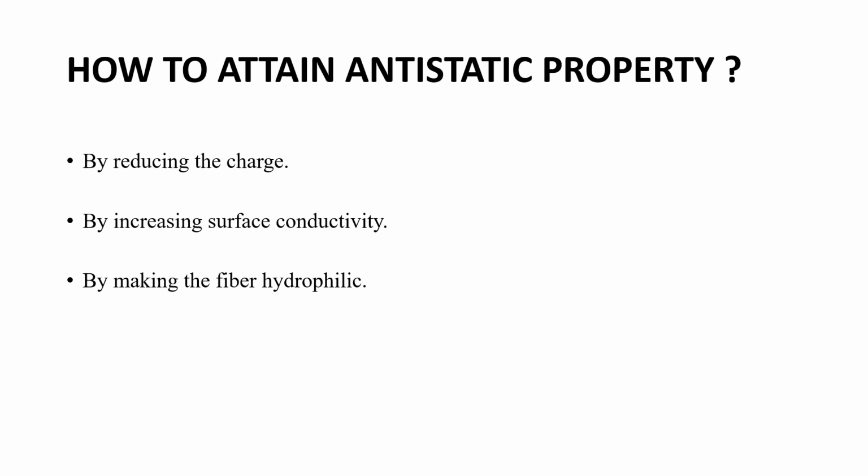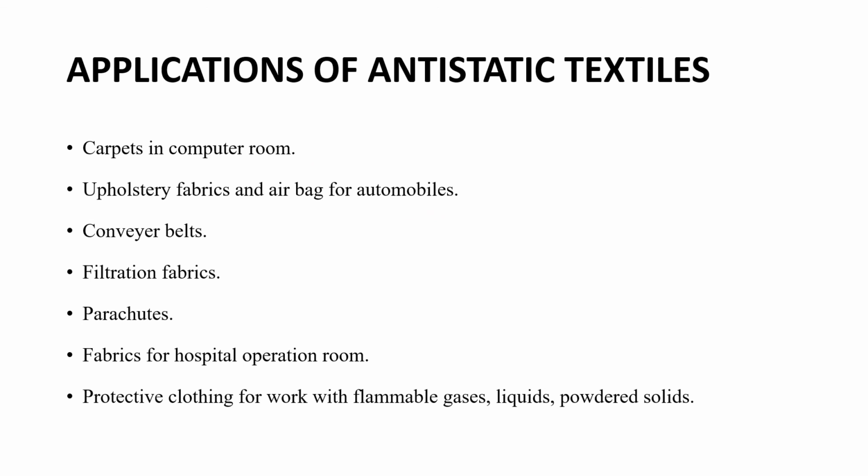How do we attain antistatic property? We can attain an antistatic property on a textile fabric by reducing the charge, by increasing the surface conductivity, and by making the fiber hydrophilic. There are certain applications of anti-static textiles.